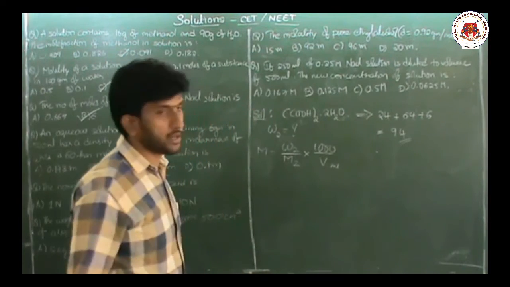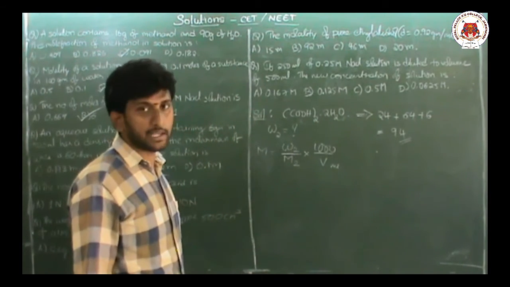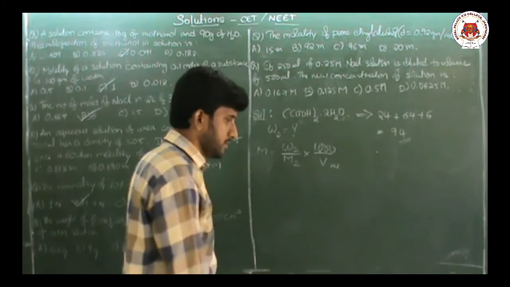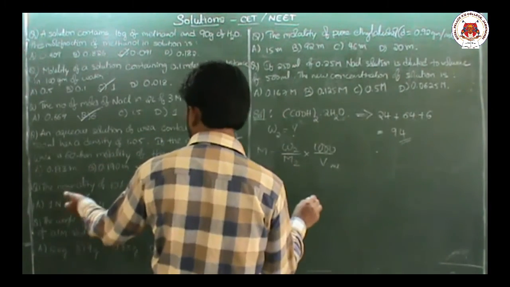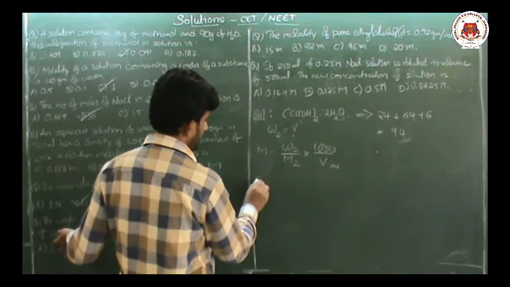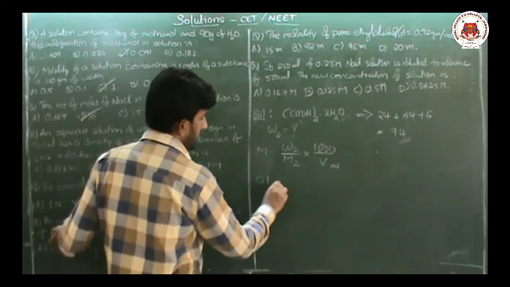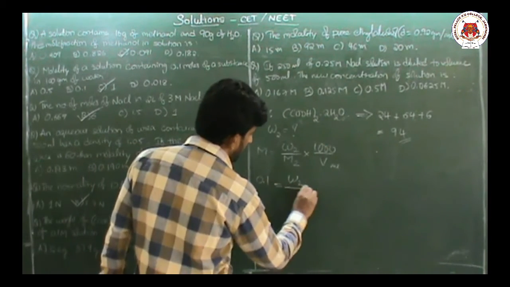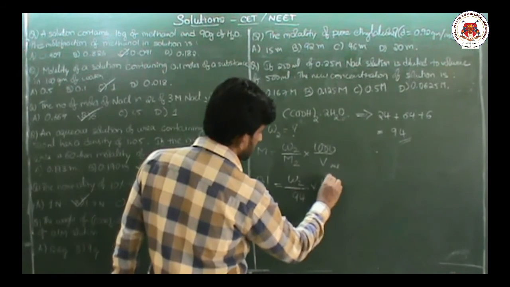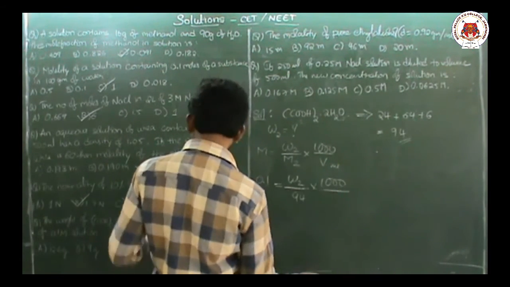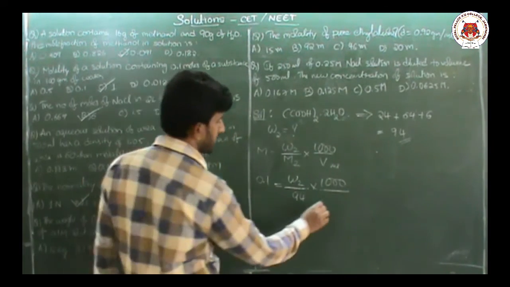Okay, 94 is the molecular weight of oxalic acid dihydrated. So molarity is 0.1 equals weight, which we are finding out, over the molecular weight 94, into 1000 by the volume given, 500 cc, which means 500 ml.